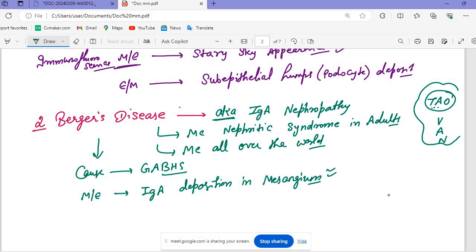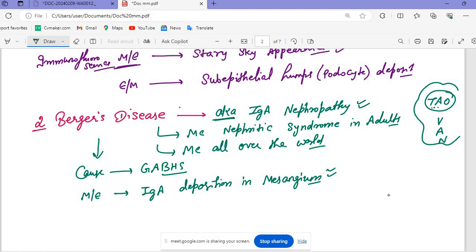This IgA is deposited in Berger's disease, which is why we call it IgA nephropathy. In PSGN we also have IgA deposition, but the mechanism is different for both of them, so you need to understand that. I hope this is clear so far.